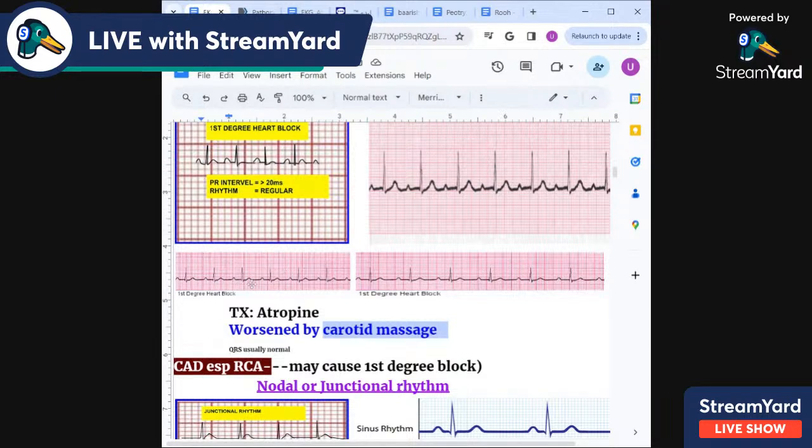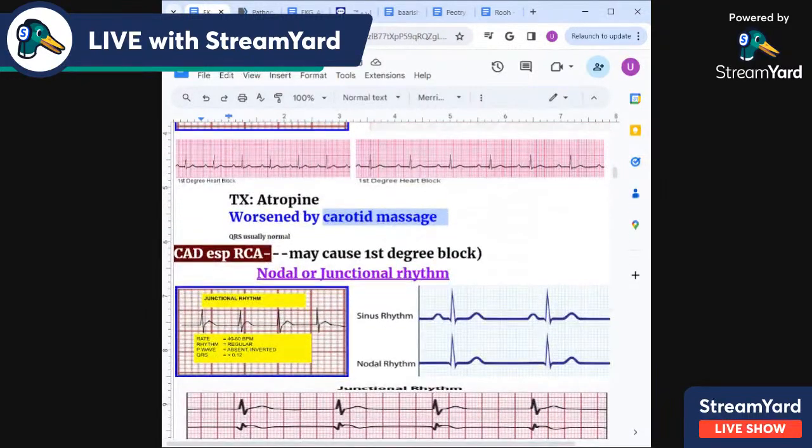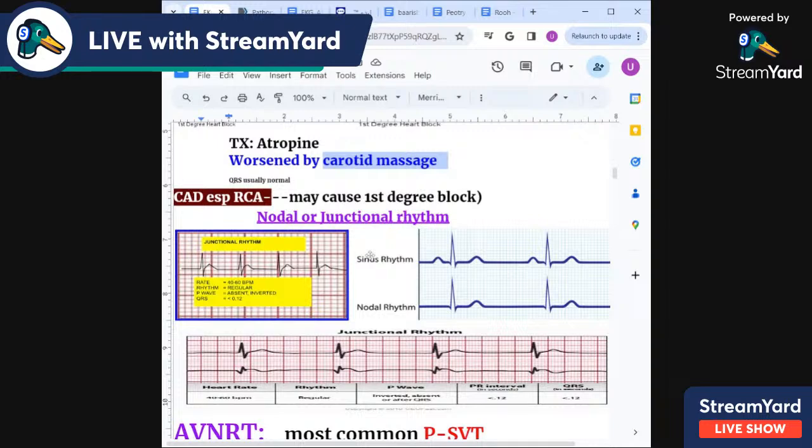See here, this prolonged PR interval, and the treatment is atropine. This occurs in coronary artery disease, but mainly in right-sided coronary artery disease that may cause first degree block. Right-sided coronary artery disease may also cause second degree block.